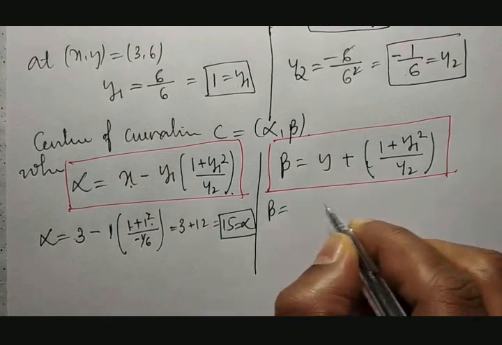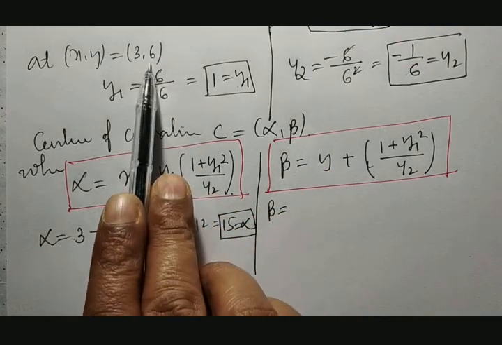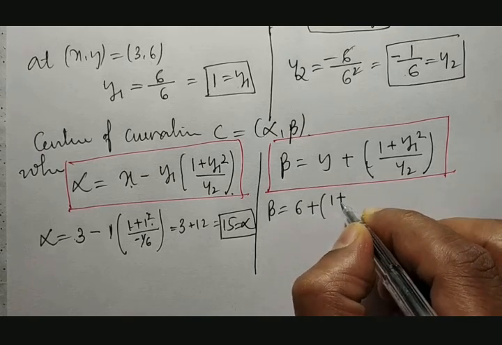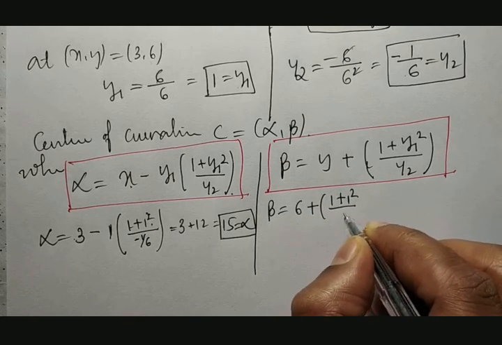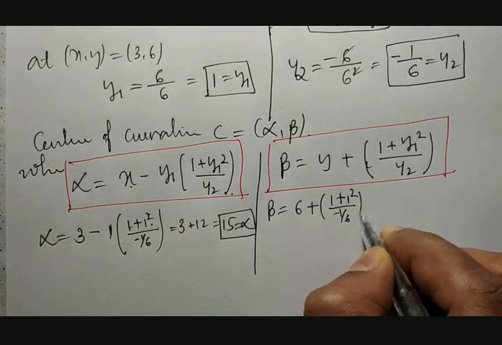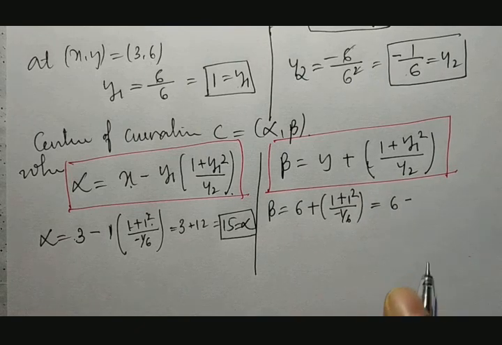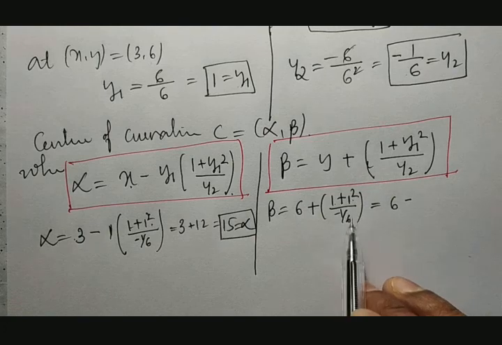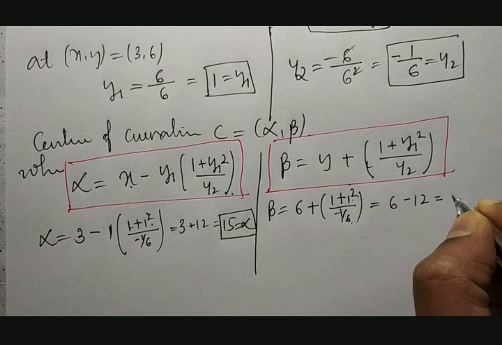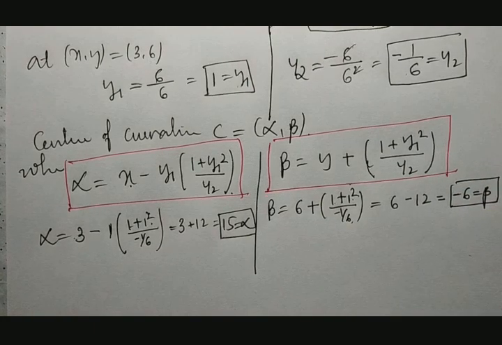Similarly, beta is equal to y, y is nothing but 6, plus 1 plus y1, y1 is 1, divided by y2. Y2 is equal to minus 1 by 6. Therefore, it is 6 minus, 1 plus 1 is 2, and when it goes to the numerator, it becomes 12. That is equal to minus 6. This is the value of beta.